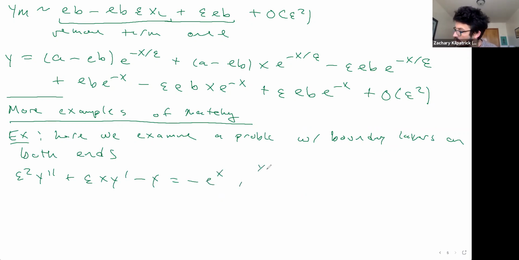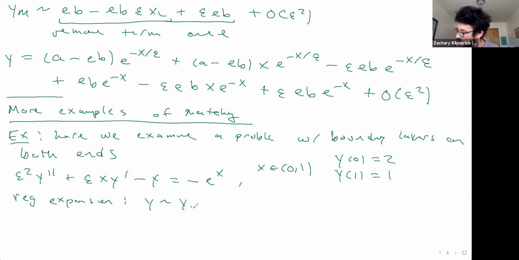X is going to just live on the unit interval. Let's take concrete boundary conditions here. And let's start off with a regular expansion and see how that does. So y is approximately y0 plus epsilon y1, and so on.